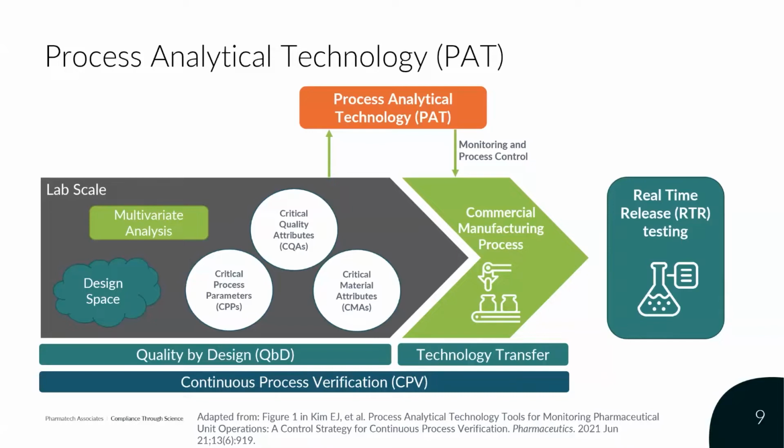One of the drawbacks of the batch manufacturing process, and a batch manufacturing process can still utilize process analytical technology, but if you've got a basic batch manufacturing process and no PAT in place, a big drawback is the length of time it takes you to produce a batch. Often this involves multiple steps and holding times.